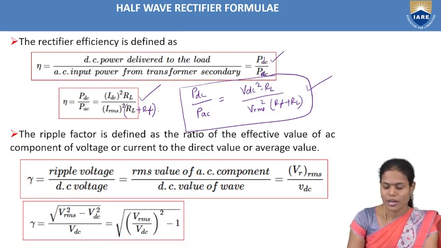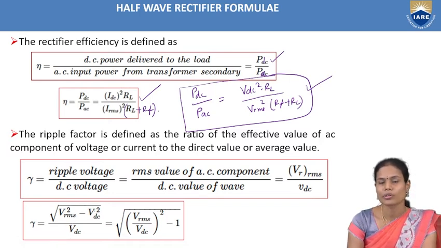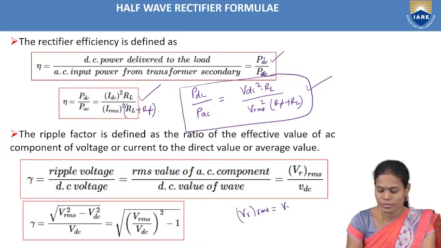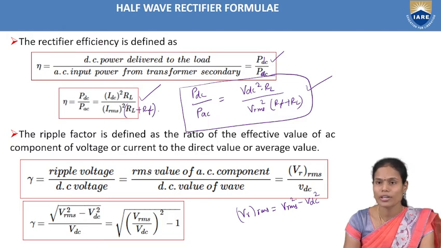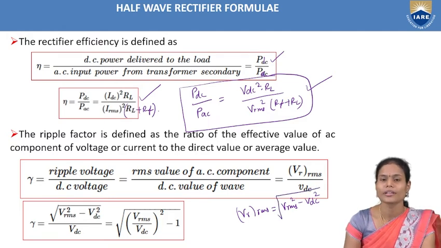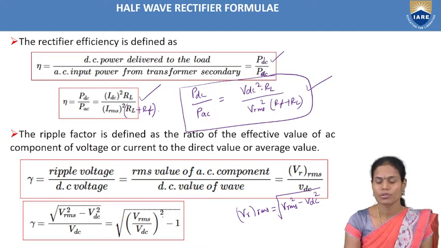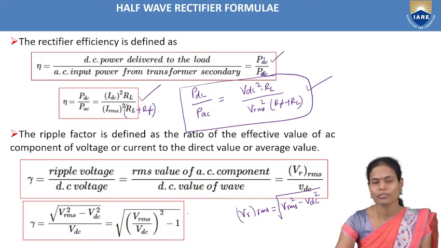So the ripple factor gamma is equal to under root of VRMS square minus VDC square, by VDC. Here, if you want to find the root mean square value, we have to take the under root. So VRMS by VDC whole square minus 1, under root, that is the ripple factor formula in the half wave rectifier.